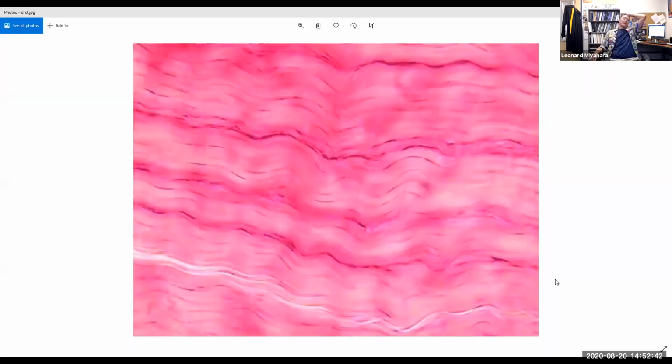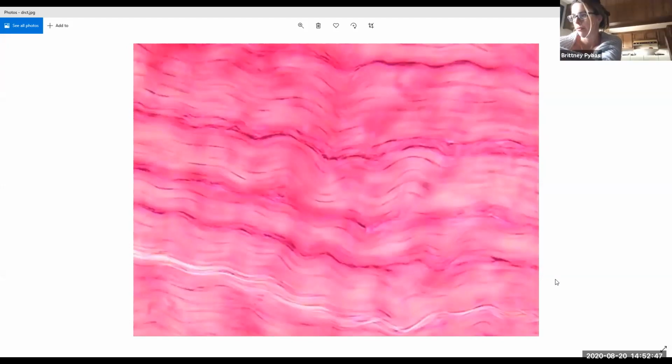All right, how about this one? Do you see a basement membrane and a free surface?